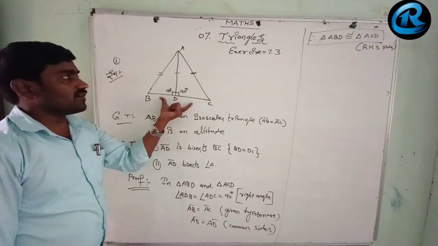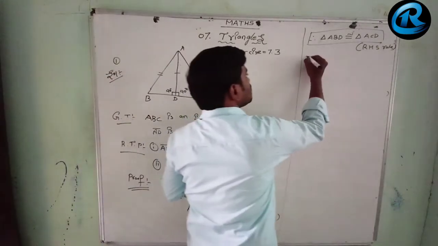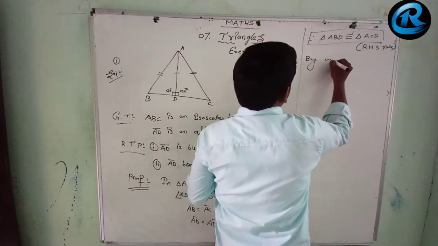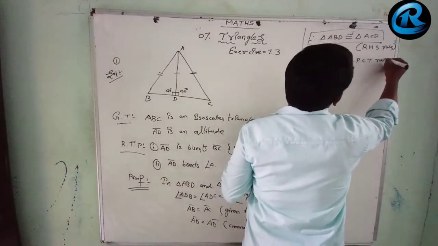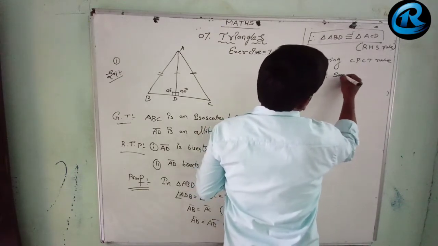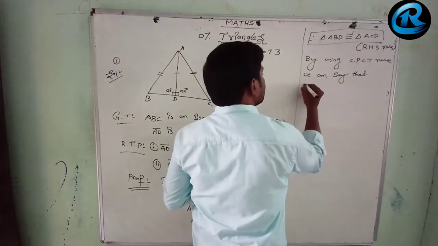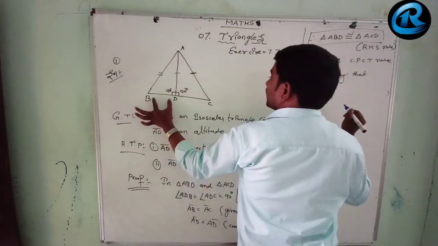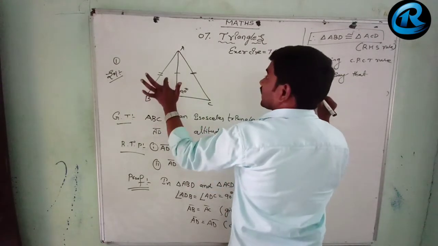When AD bisects, these two will be equal. So by the CPCT rule we can say that BD is equal to DC, corresponding parts of congruent triangles.